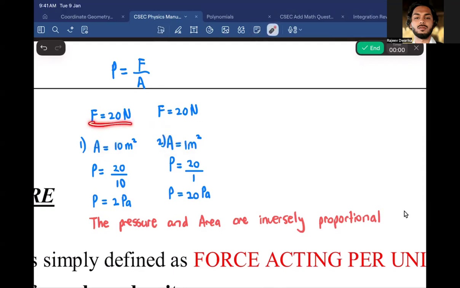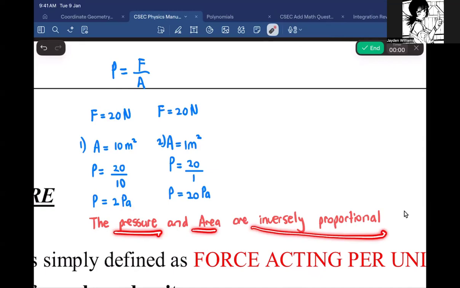Now, the area was 10 here, and we saw that the pressure was 2. Then I told you the area was 1. If the area is 1, what is the pressure? 20. So when the area goes down, what happens to the pressure? The pressure increases. So that's why I'm saying pressure and area are inversely proportional.